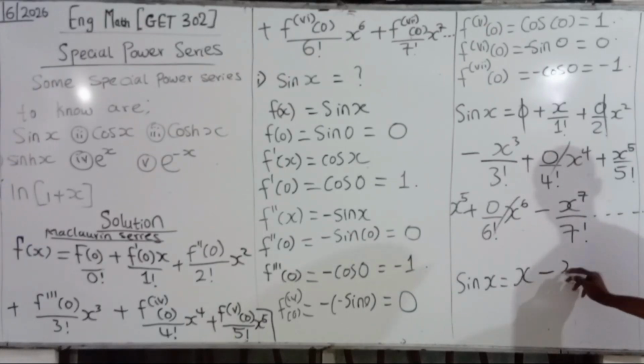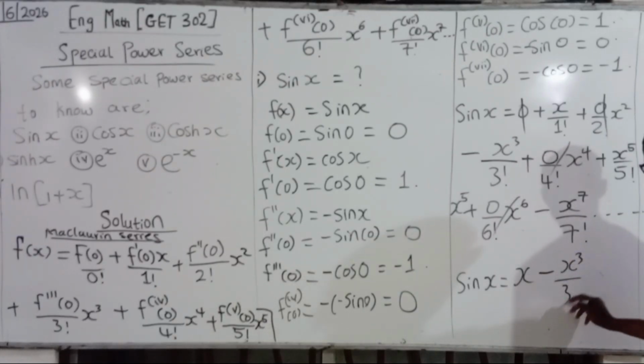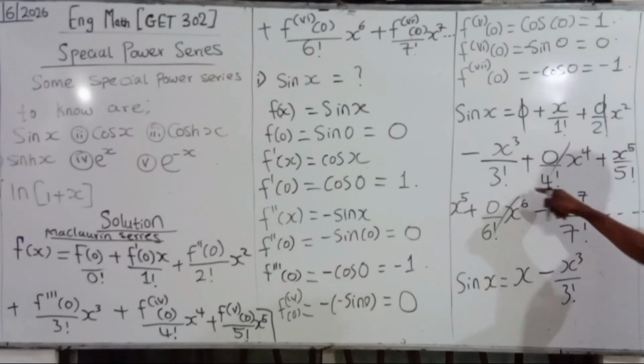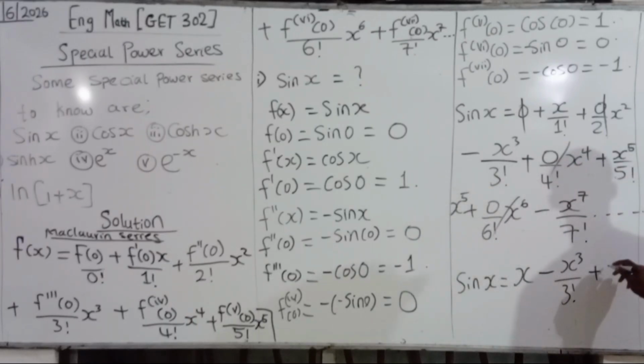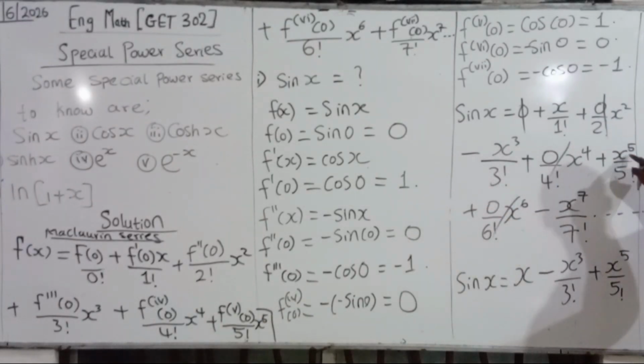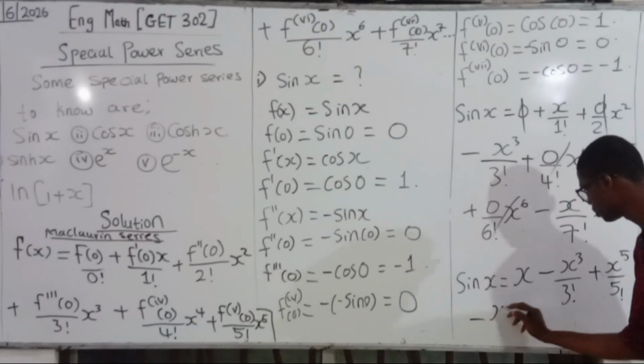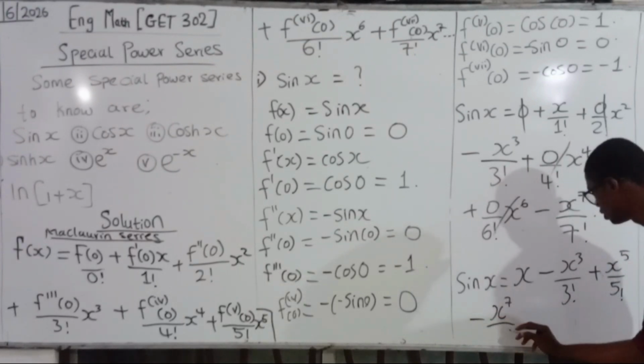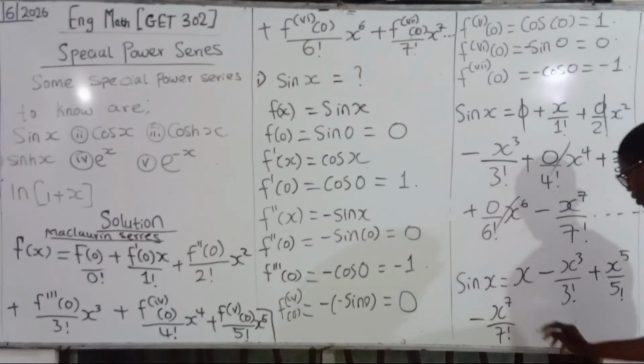Minus x to the power of 3 all over 3 factorial. This is 0, right? Then plus x to the power of 5 all over 5 factorial. Then minus x to the power of 7 all over 7 factorial, and it keeps on going.